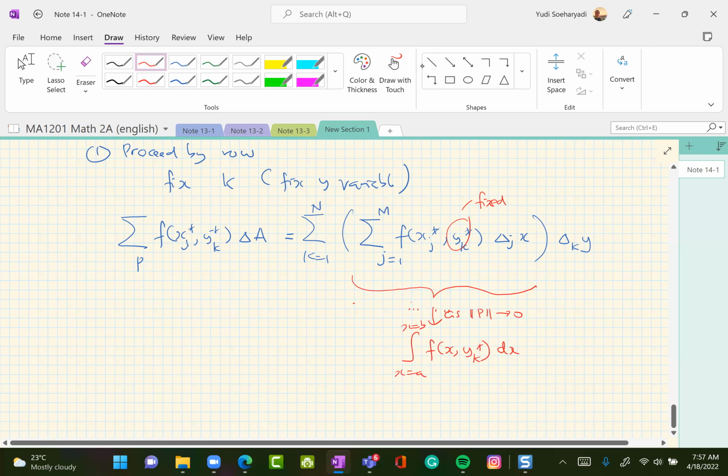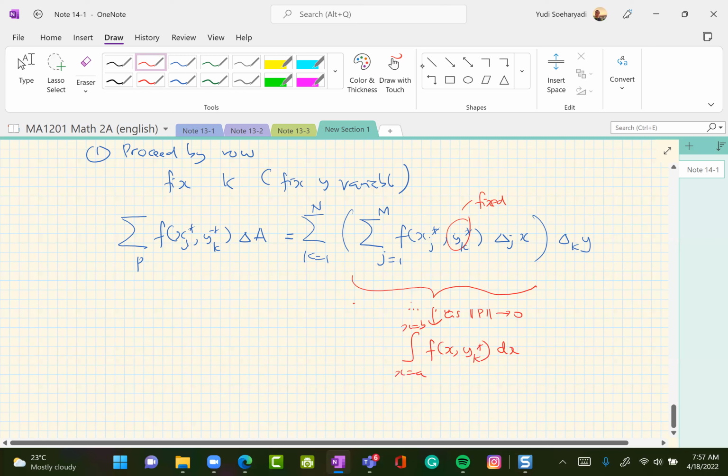So when you sum this up, now the whole thing, again, this is like an integral. So what's inside is this integral.